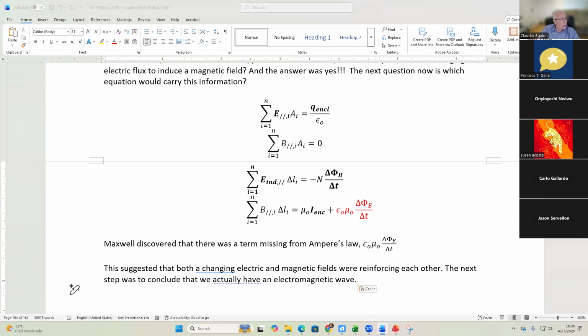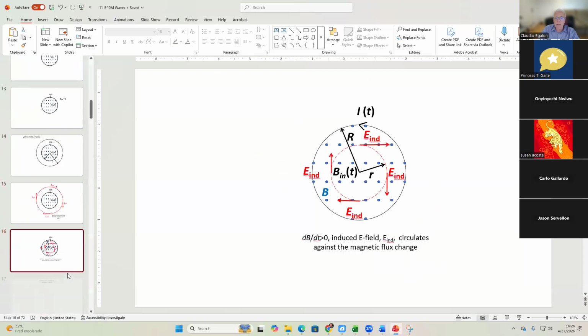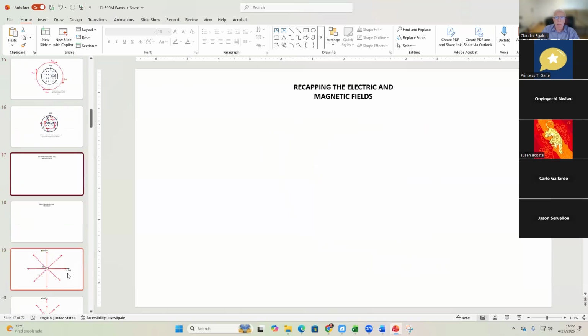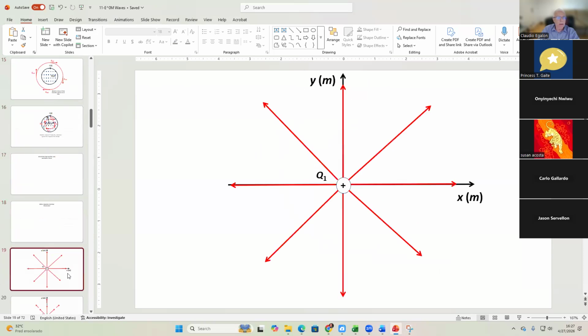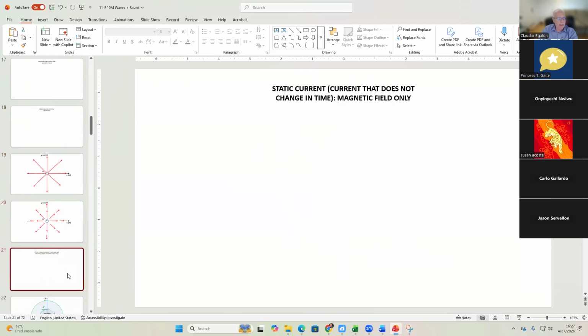If you were to visualize it, let's see if I can get that visualized. Here you go. Here is the electrostatic field. It radiates away, or it sinks into a negative charge.